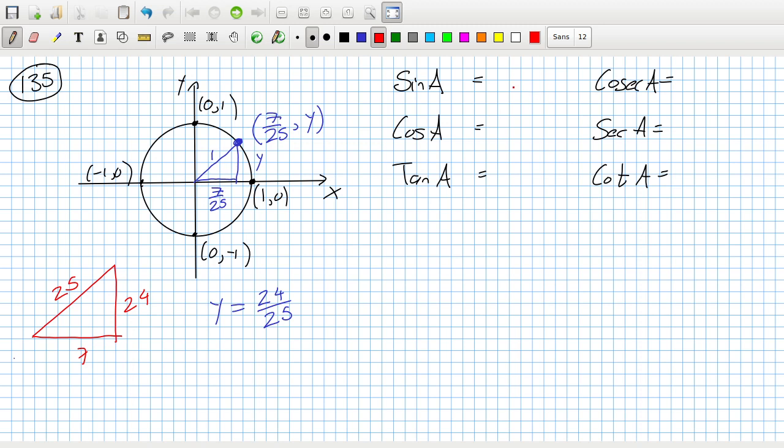So sine A would be 24 over 25. Cos A would be 7 over 25. Tan A would be 24 over 7, and then 7 over 24, 25 over 7, and 25 over 24. How did they express the answer? Yep.